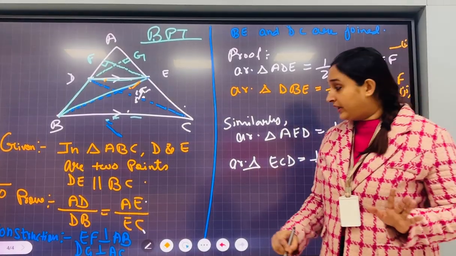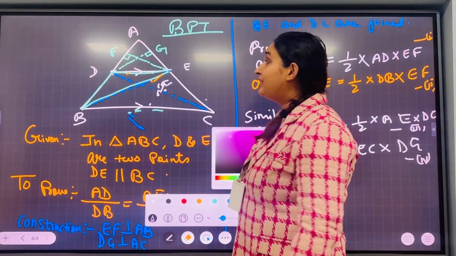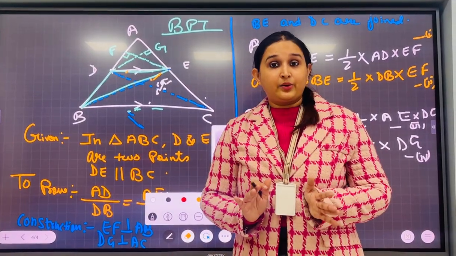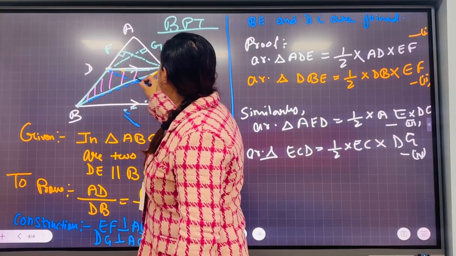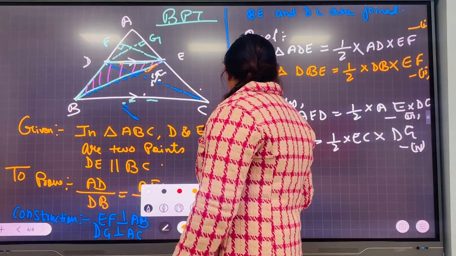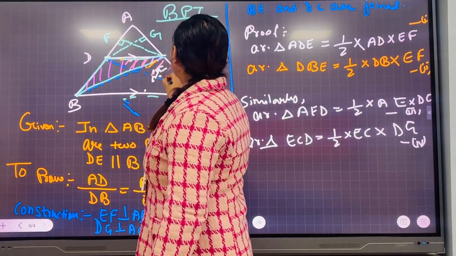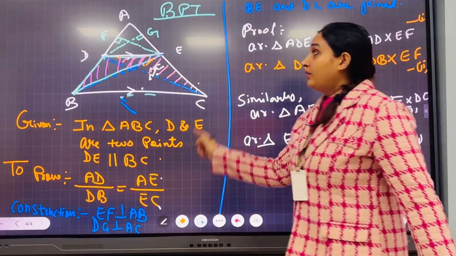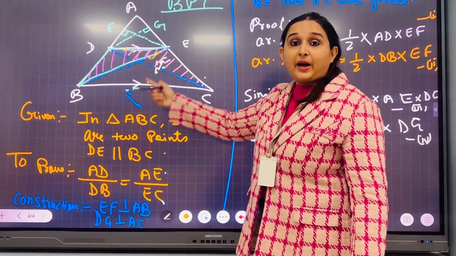Now tell me one thing, triangles on the same base and between the same parallels are equal in area, right? So this triangle and this triangle both are on the same base, that is DE, and between the same parallels, right?